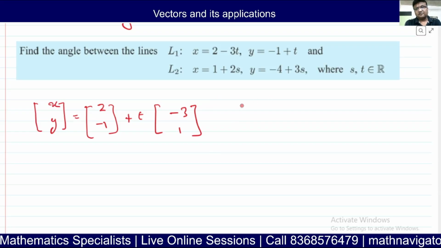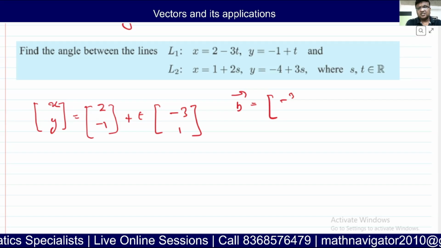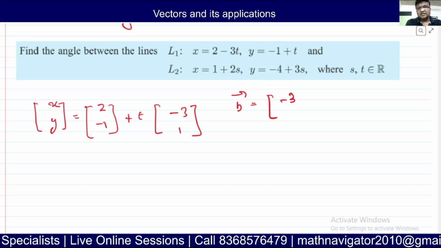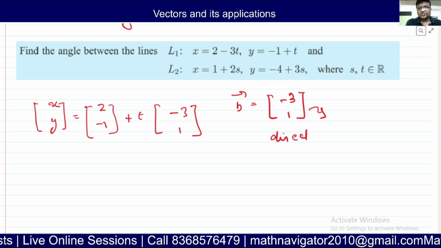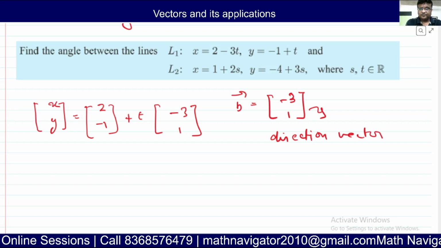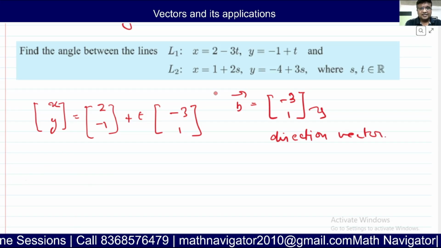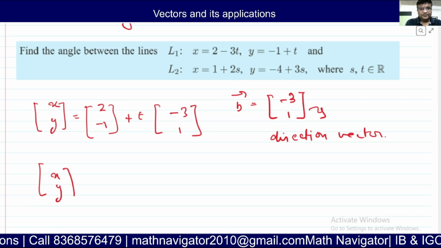So this vector b, the direction vector in this case, is (-3, 1). This is my direction vector for line 1. And let's say I'll take line 2, (x, y).